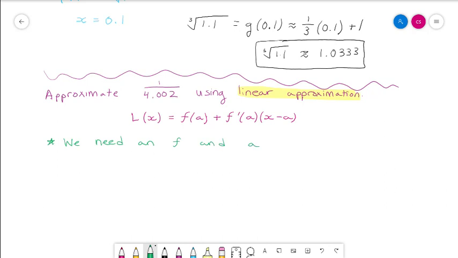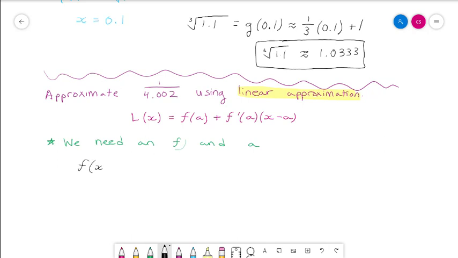Okay, if we look at 1 divided by 4.002, we have to think what would be the easiest route, right? Not making our function overly complicated, not making our a something crazy. But what would an easy function be to relate back to 1 over 4.002? And what would a good a be? Well, I see the big number is down here in the denominator.